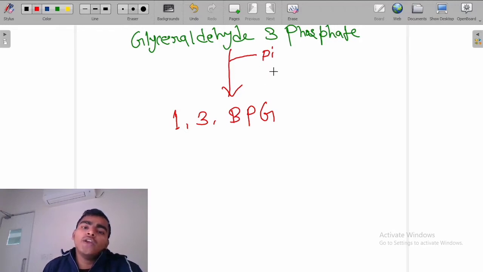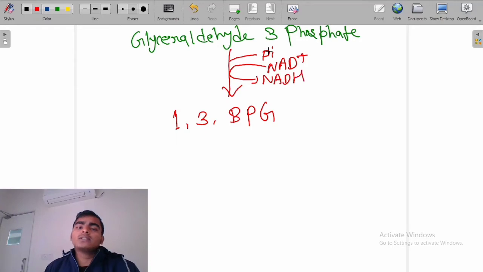And a very important step here is that NAD+, which is a coenzyme, nicotinamide adenine dinucleotide, will be converted into NADH. So just remember this. Glycolysis is an oxidation. All the steps of glycolysis, whatever I showed you, are oxidation reactions.